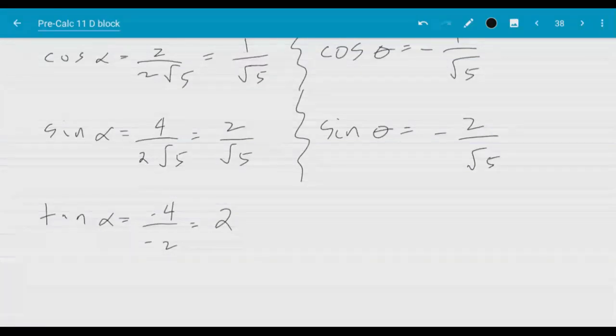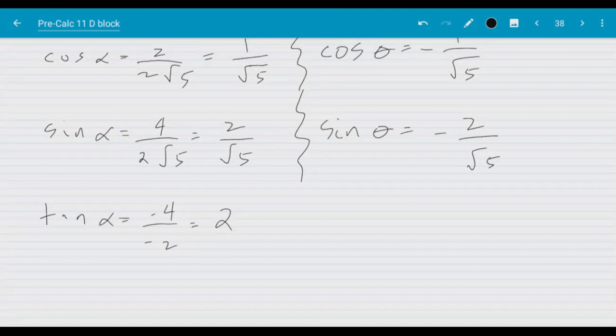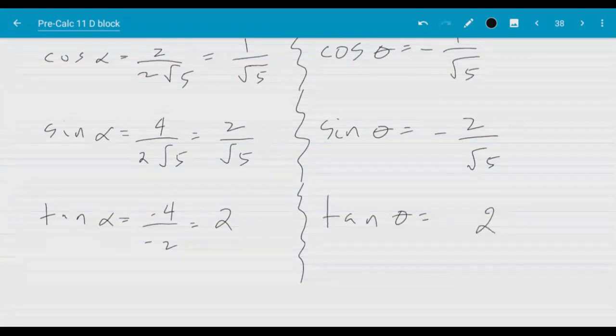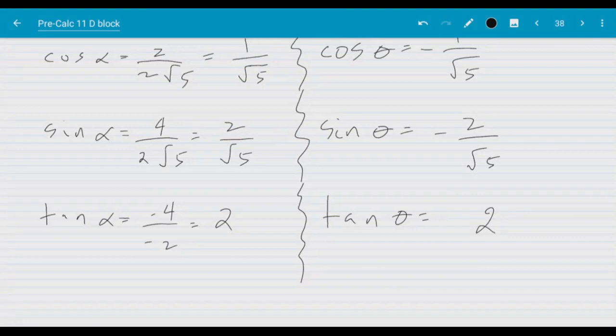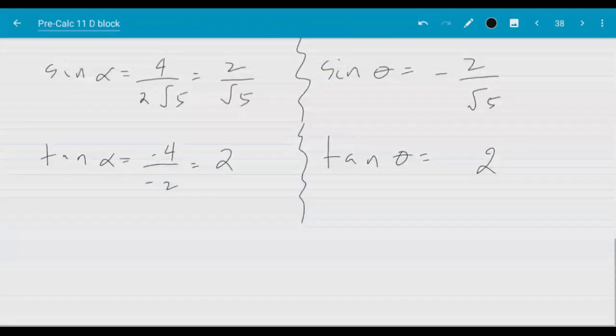When you get to the tangent, I want you to ask yourself, what is going to be the sign? Is it positive or negative for tangent in quadrant 3? All right. So for the tangent of theta, we're still going to be using the value 2, but we will ask ourselves, is it positive or negative? And in quadrant 3, tangent is positive. So we're good.